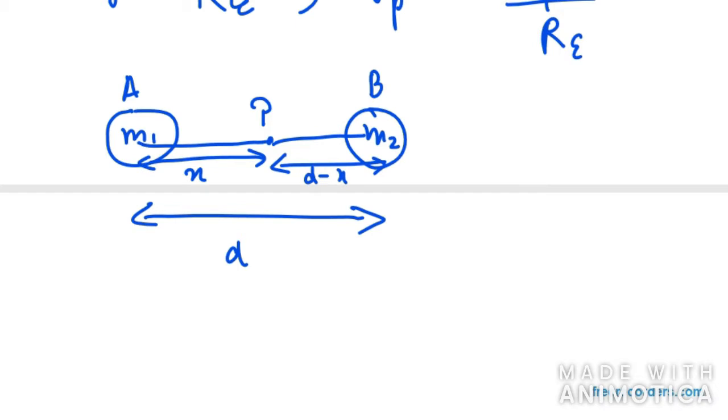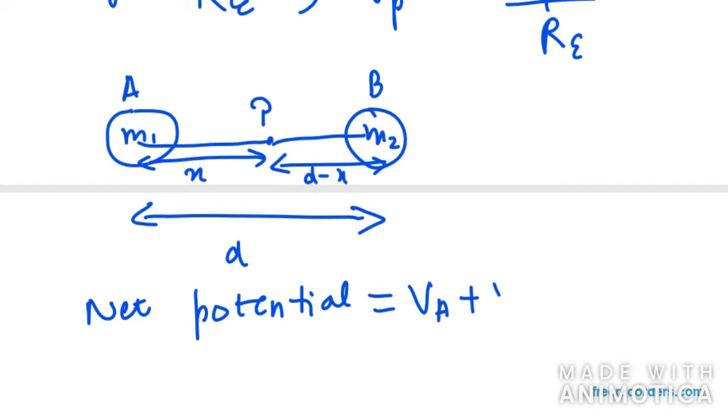Now my net potential will be, as you know that potentials add because it is a scalar quantity, VA plus VB equal to 0.